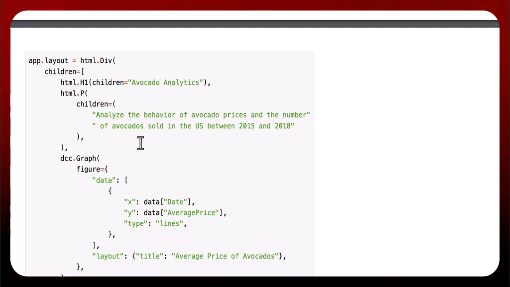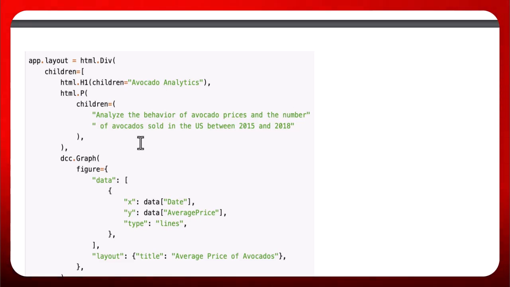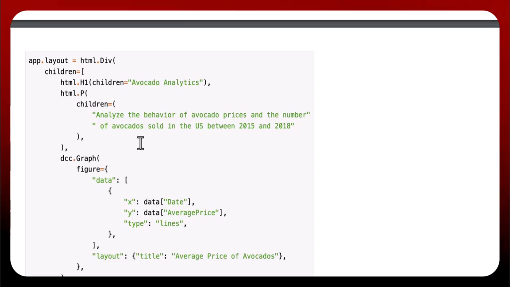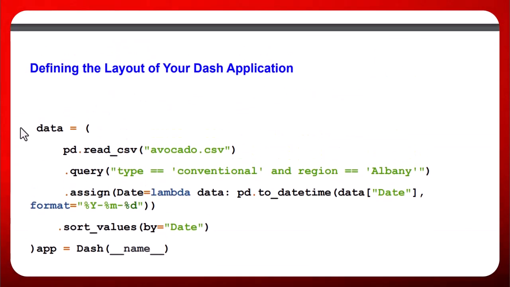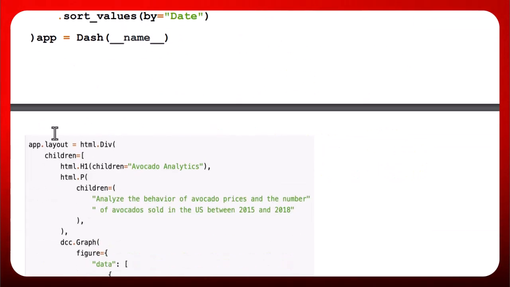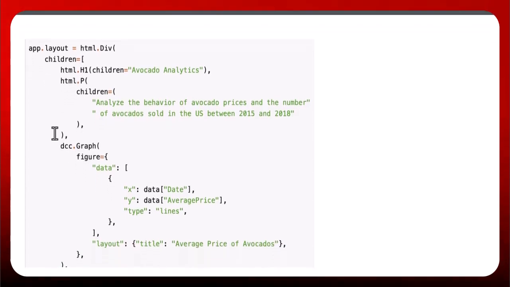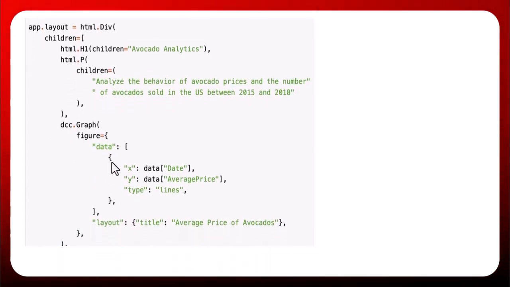Okay, now this graph is going to be the data. And remember that we got the data right here. I want to make sure we got our data here. All right. So right now for the data, we're going to have two figures. Now, X would be the date and then the average prices.